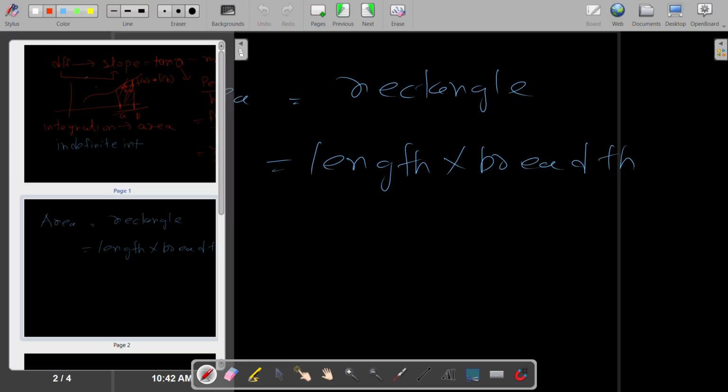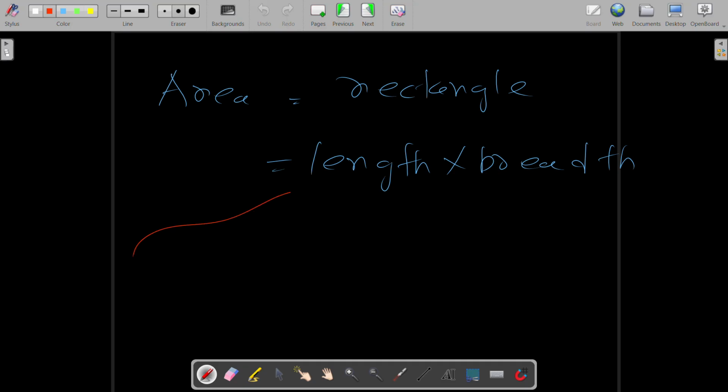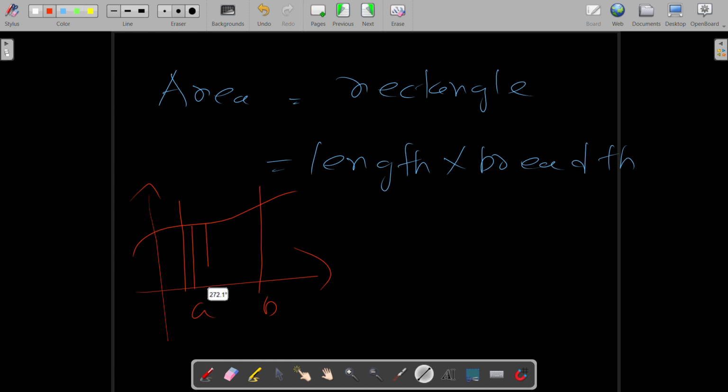So for finding the area under a curve in a certain interval, in this xy plane, we will cut this area into smaller rectangular strips, because there is no general formula for the area enclosed by this curve and this x-axis straight line.